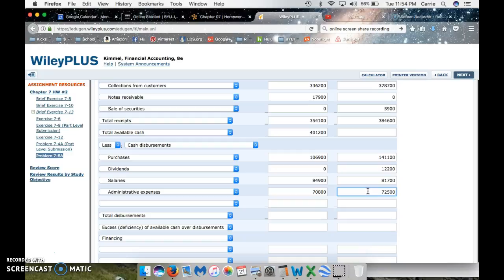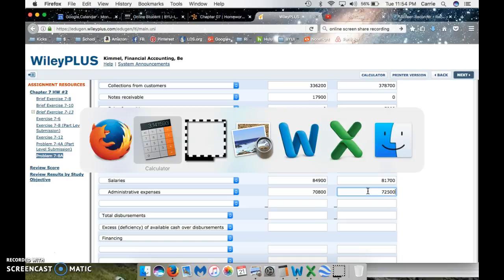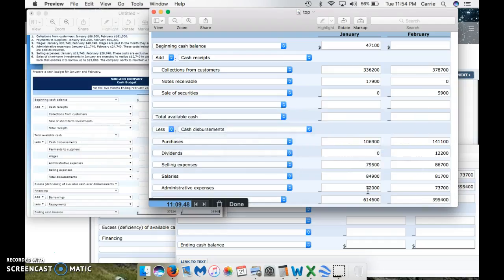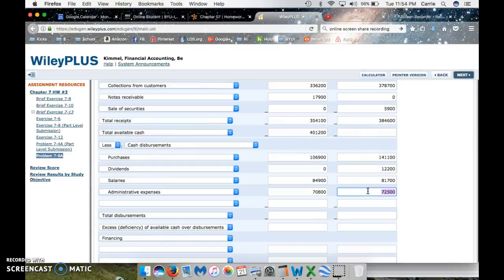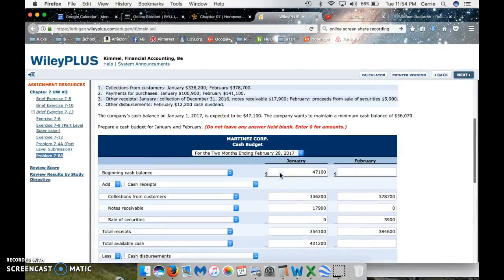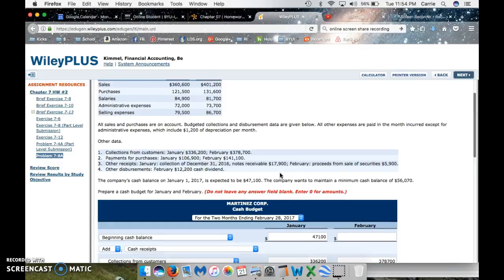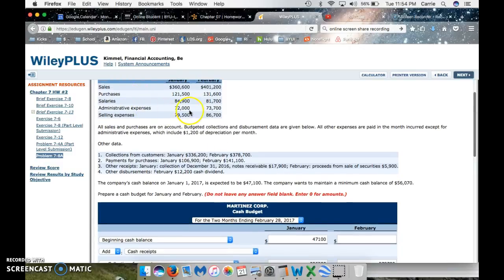Okay. All right, I did kind of look through this before, so I'm gonna have to take a peek at, okay, purchases, dividends, selling expenses. Oh, right there, selling expenses.